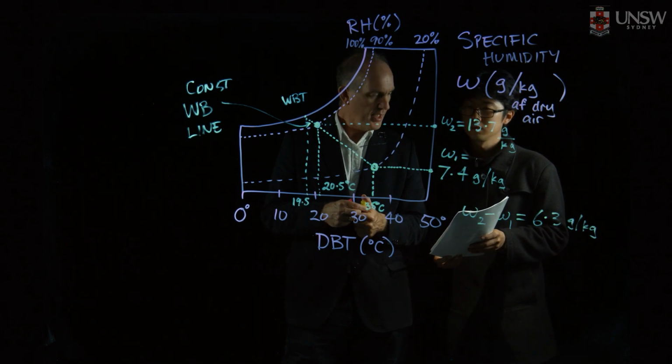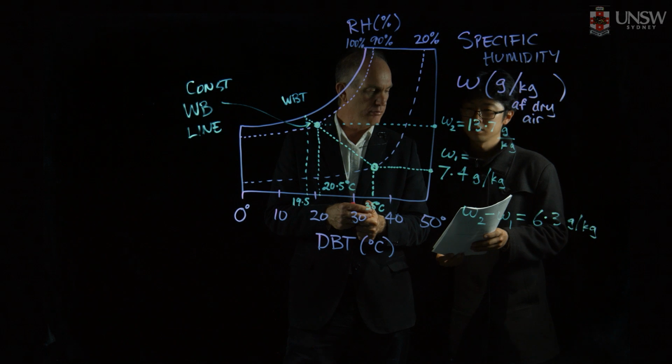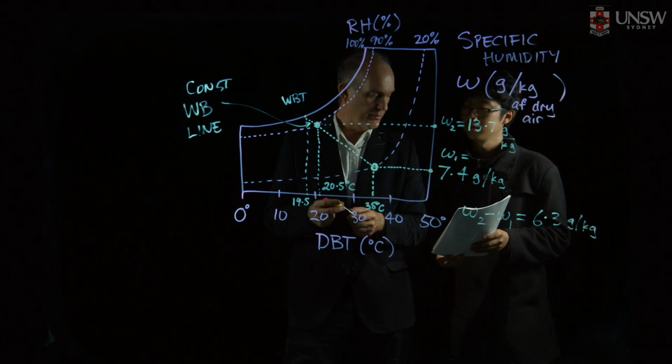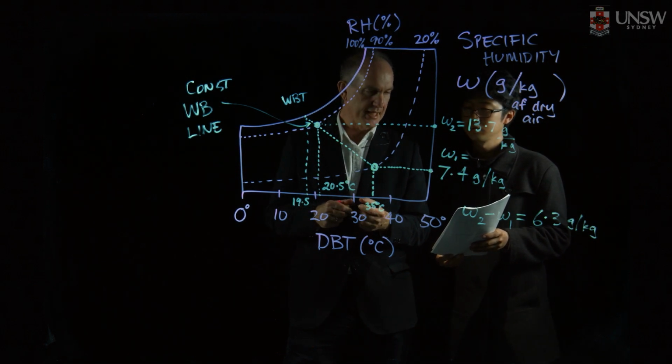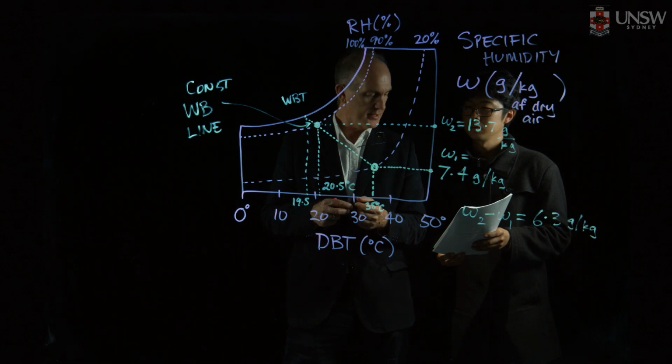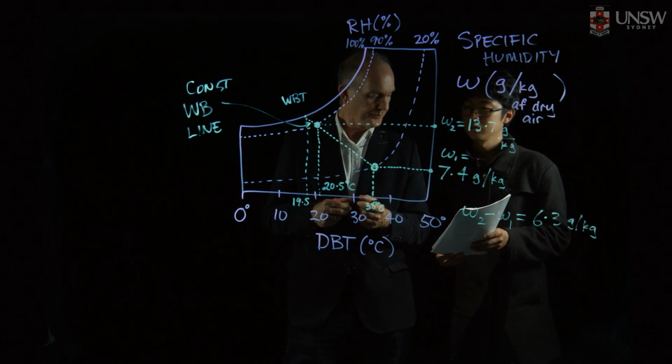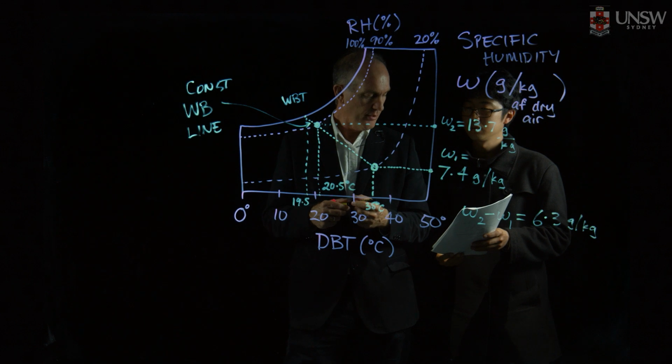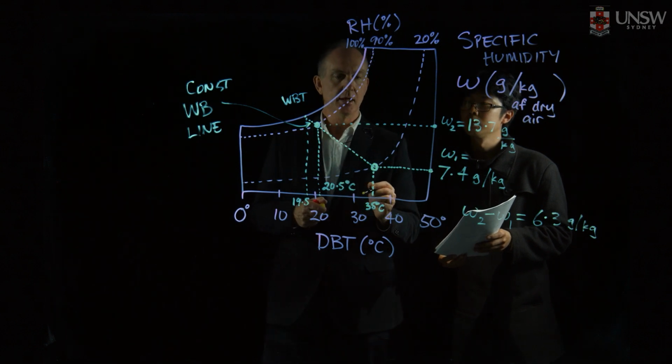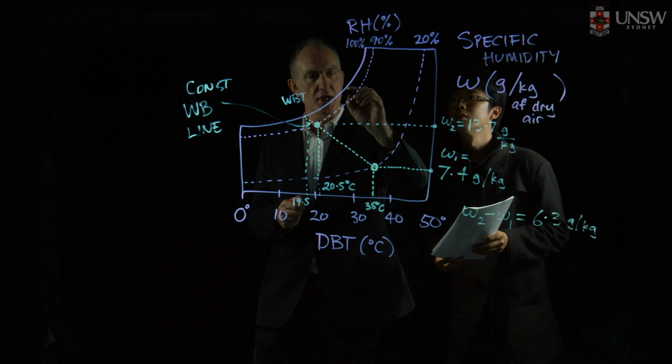Now, we're asked what's the required rate of water supply to the evaporative cooler. Well, what we need to do next is to work out what is the specific volume of the inlet air. So again, we would look on the chart.